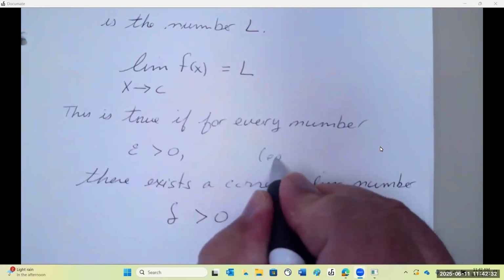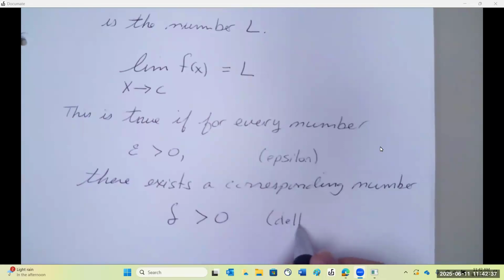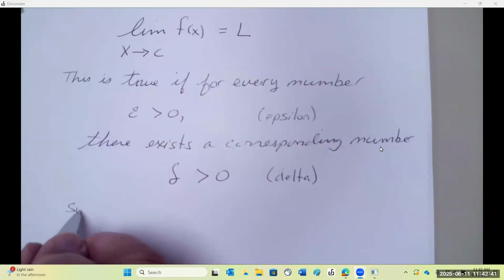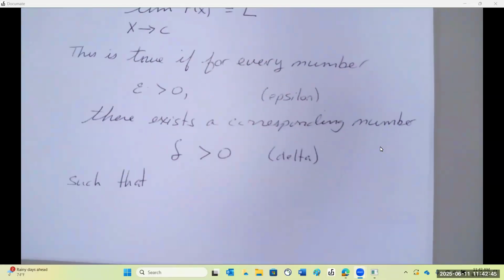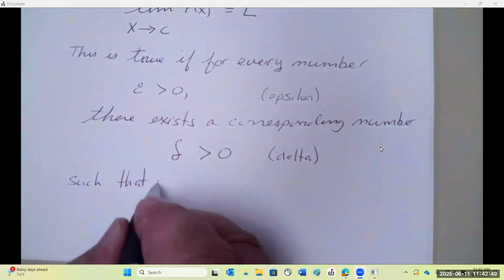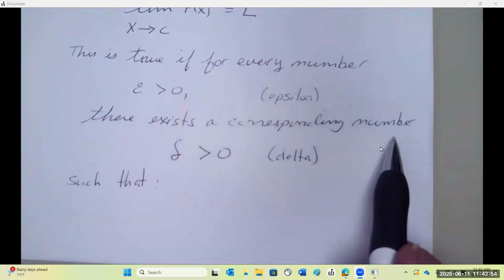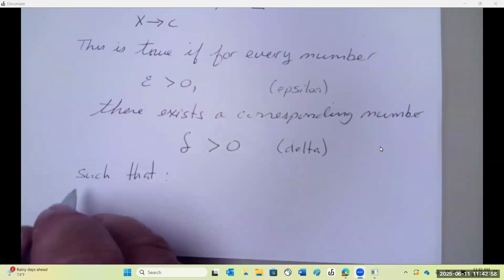This is epsilon. This is delta. Such that this is going to happen. So that's true for every epsilon greater than 0, there exists a corresponding number delta greater than 0, such that this is our proof.